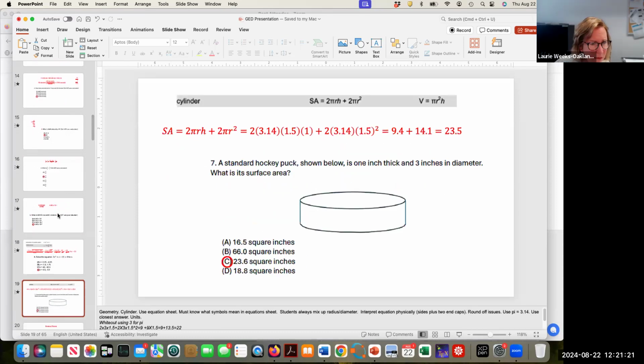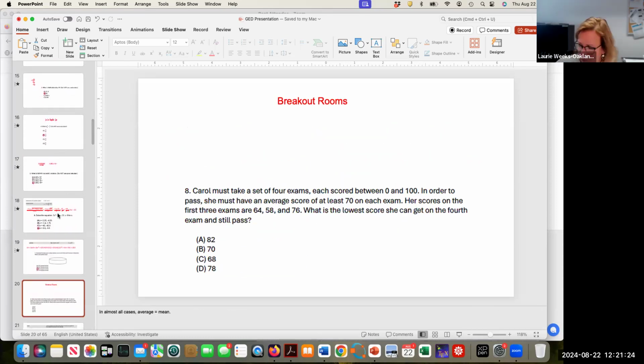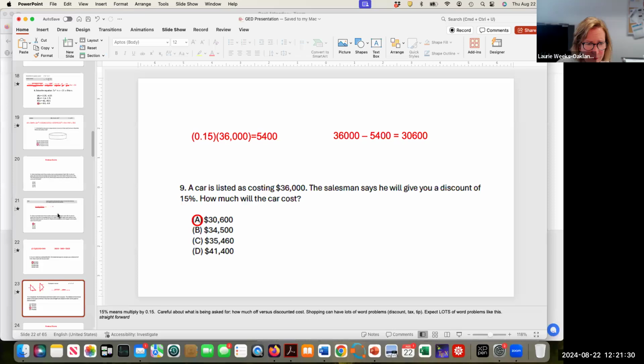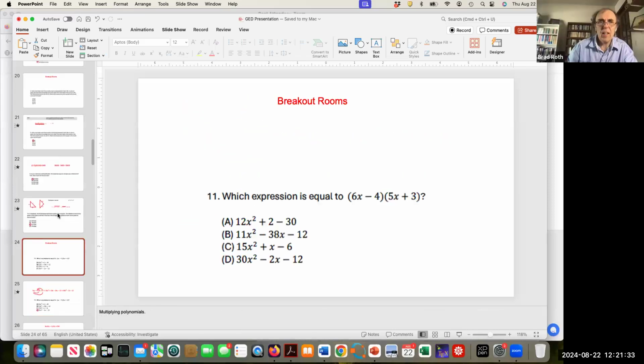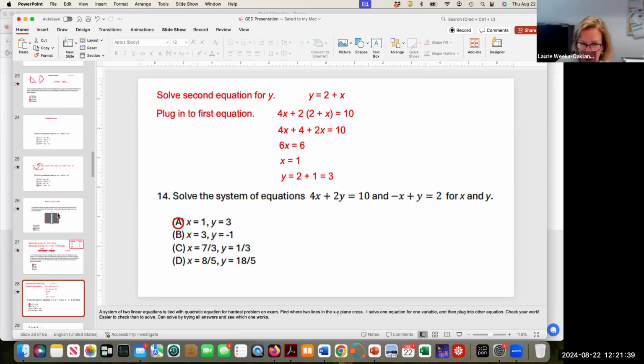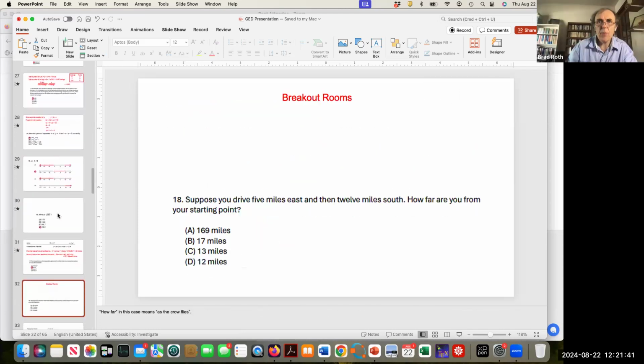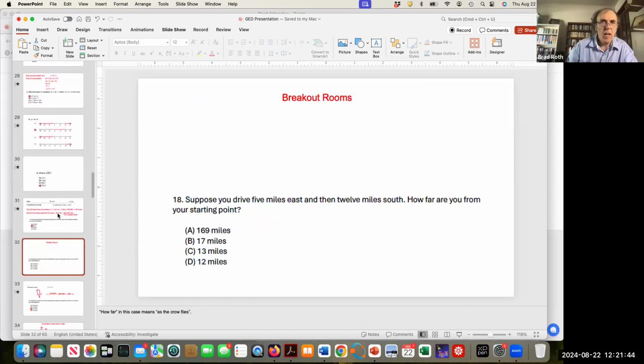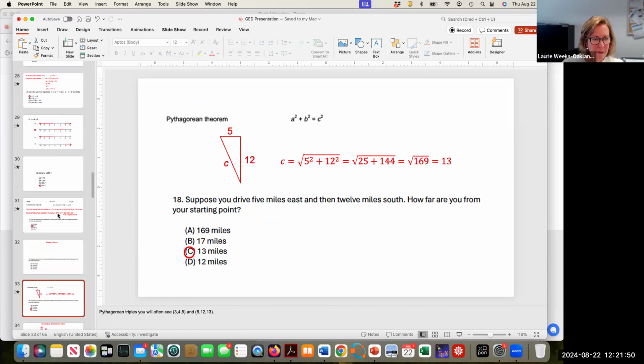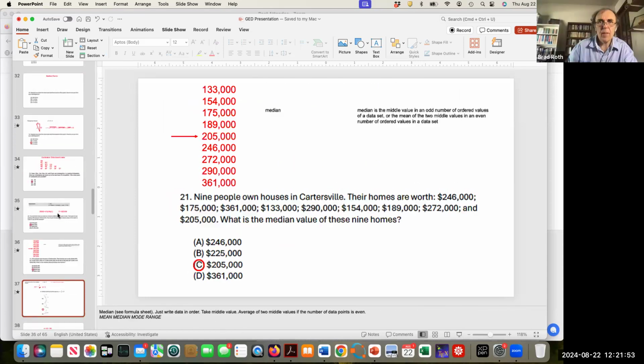Question number 8, that's actually slide number 20. Question 11, which is slide 24. And next one is slide 32, which is question 18. And there's still another one or two.